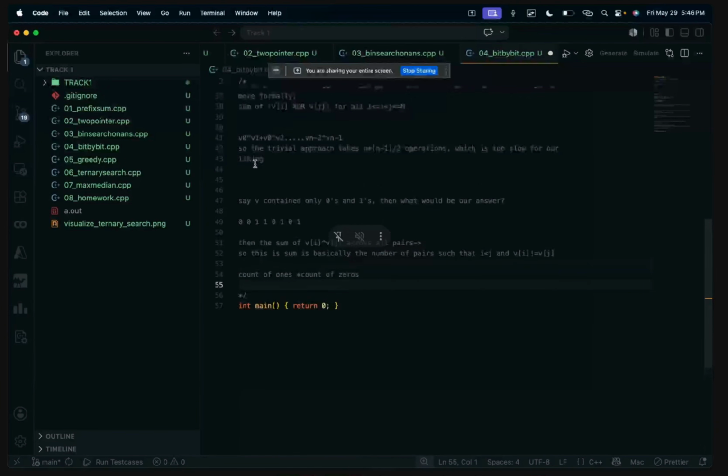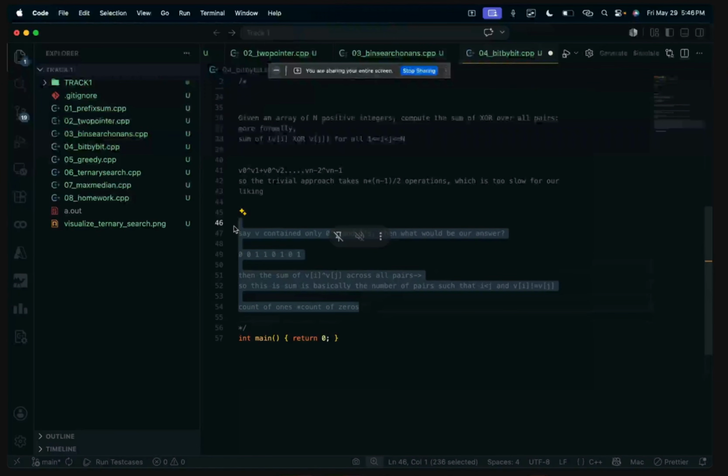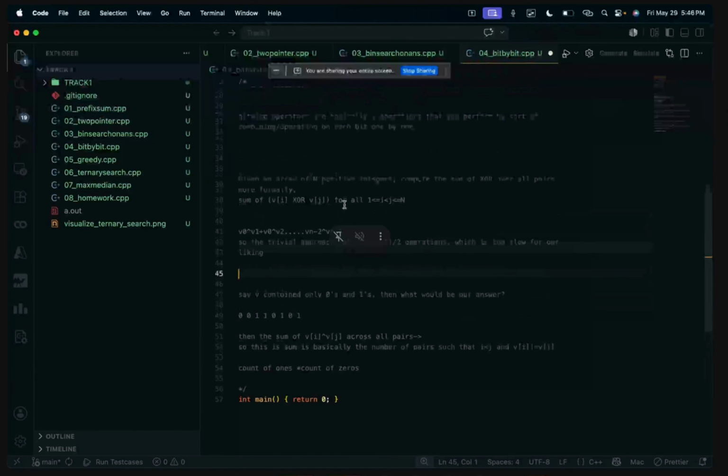So how does this help in order to solve our problem? This is a simplified version of the problem, that is, v contains only zeros and ones. What we can do here is solve the original problem by solving the above problem bit by bit.